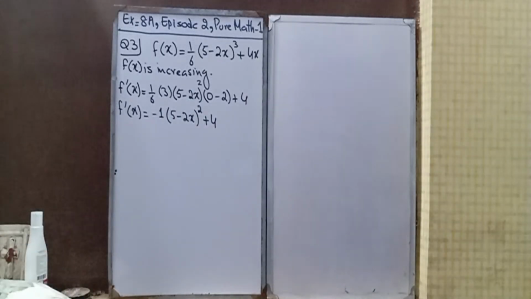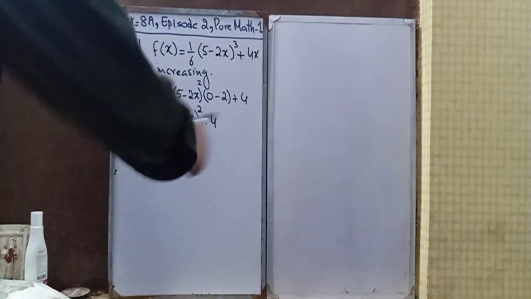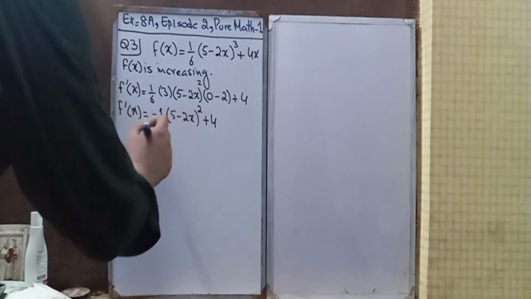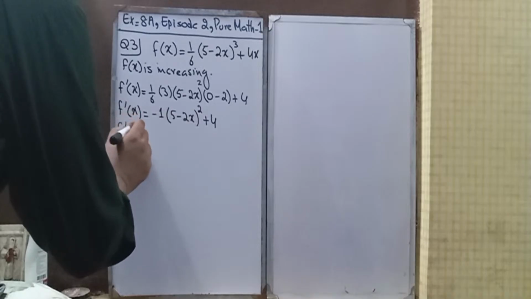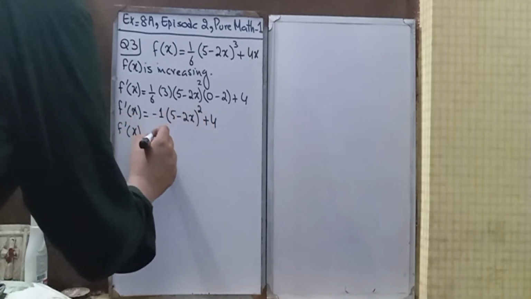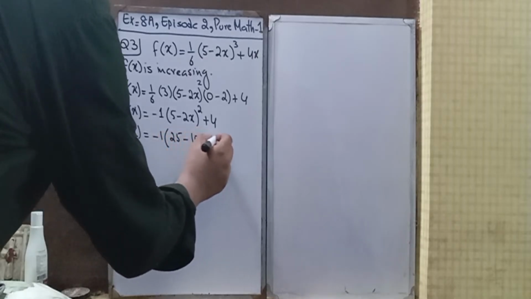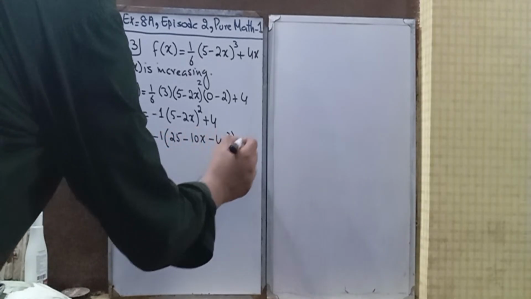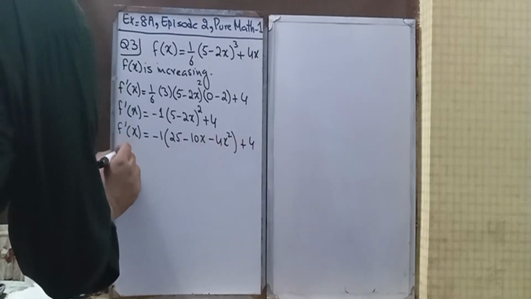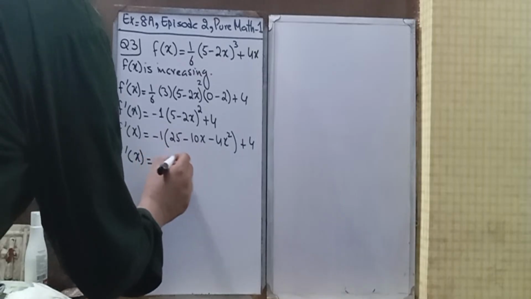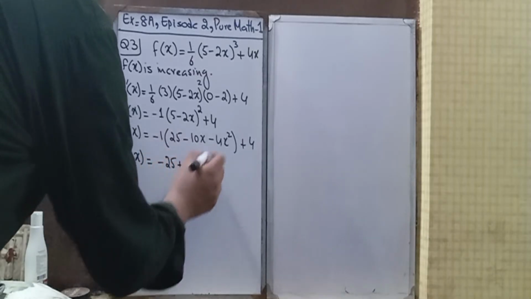Okay, so I can open it, and you see, if I open it, then what will happen? So you can understand it easily. This will become 25 minus 10x minus 4x square plus 4. I'm just simplifying it. Minus 25 plus 10x, this should be positive.